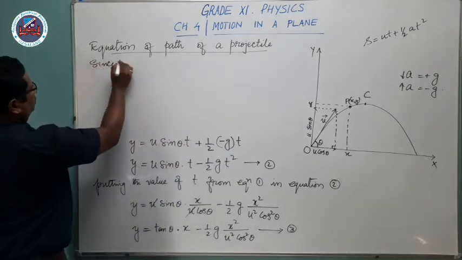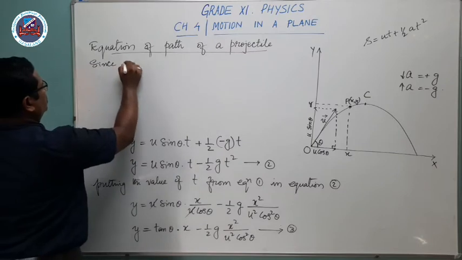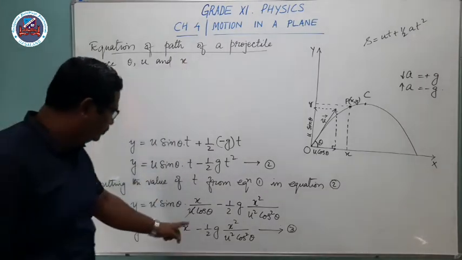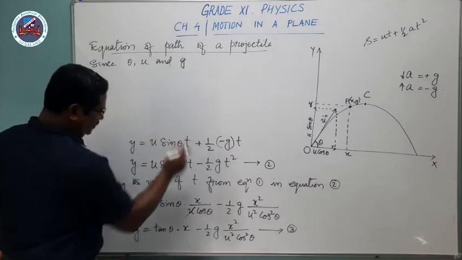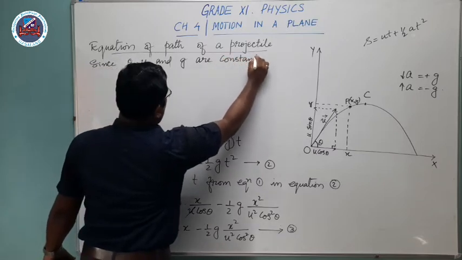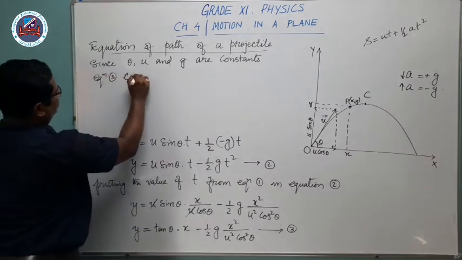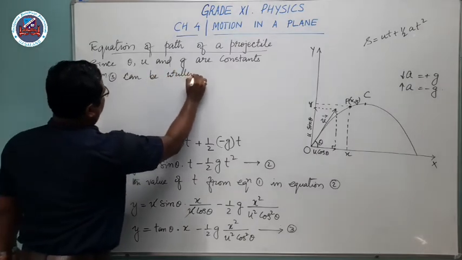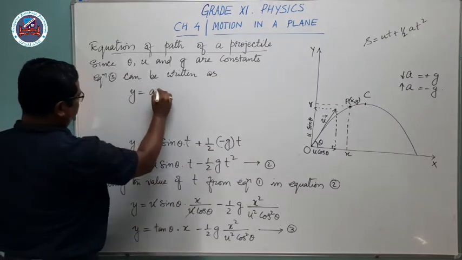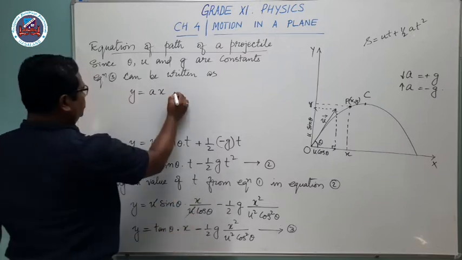Since theta, u and g, the acceleration due to gravity, are constants, and x and y are variables here, equation 3 can be written as y is equal to a x, where I take tan theta as a, minus, or you can write it as plus also, not a problem here.